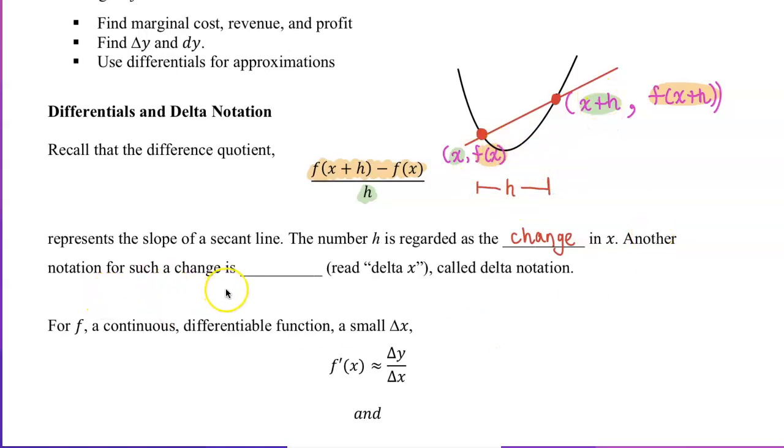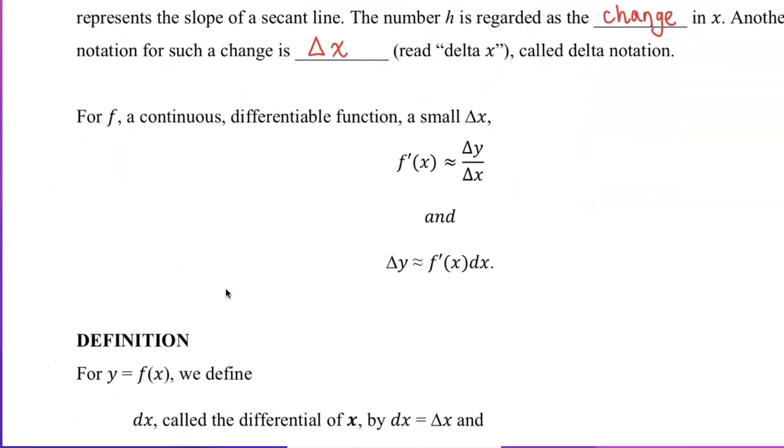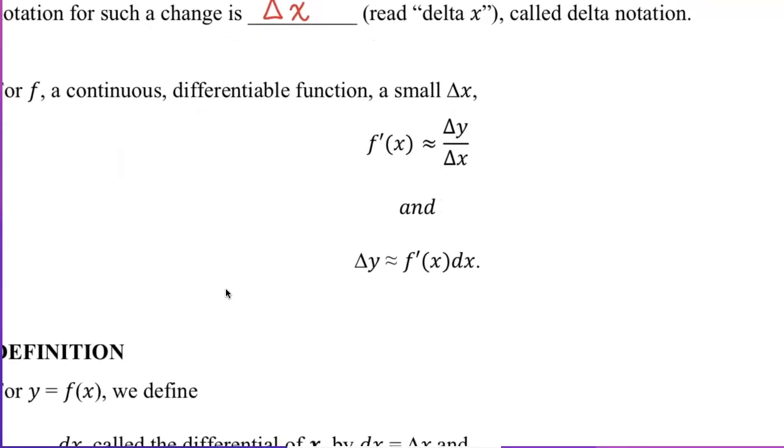Another notation for such change is to draw a triangle. We read this as delta x, and delta refers to the change in x. So for f, a continuous differentiable function, with a small delta x, the approximation will be that f prime of x, the derivative at x, is approximately change in y over change in x.